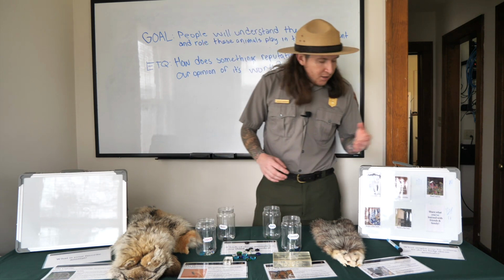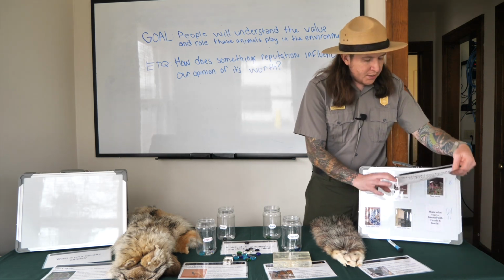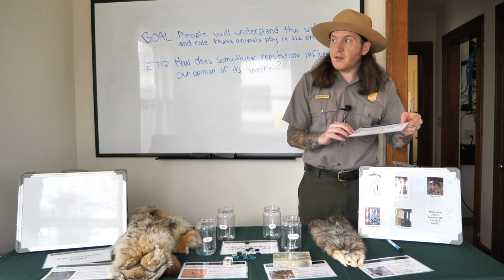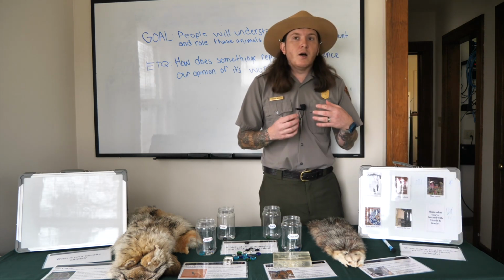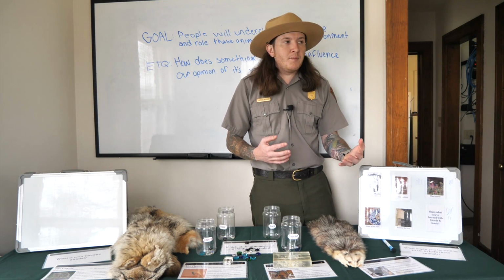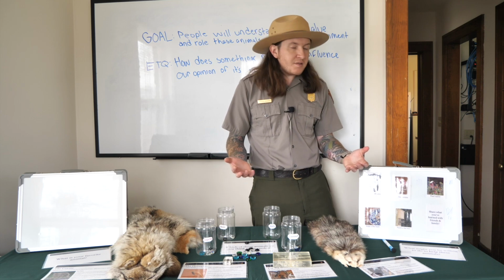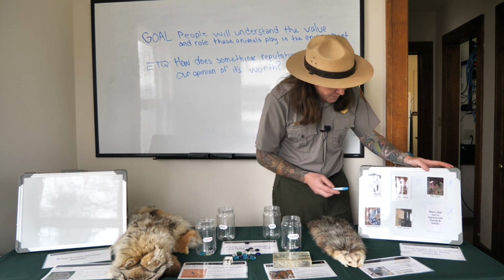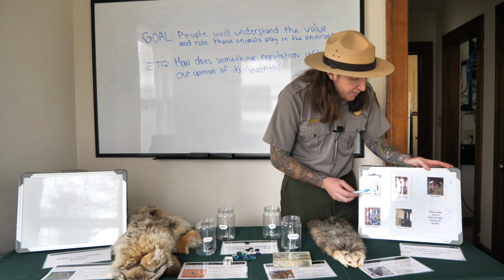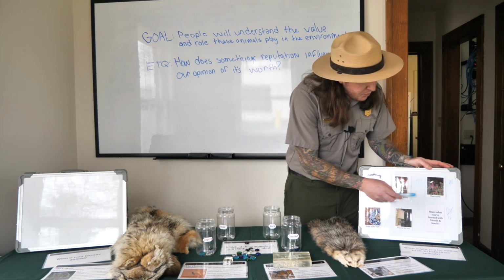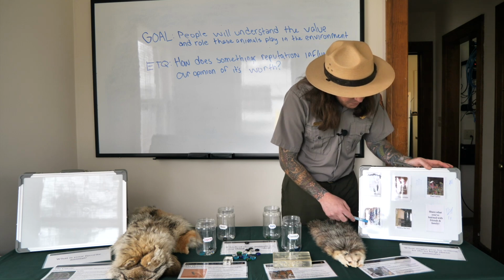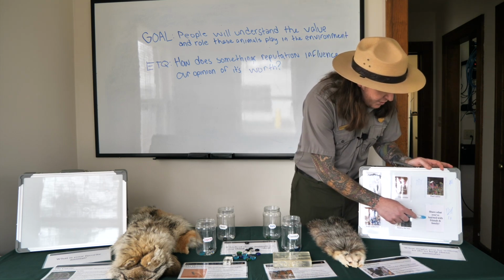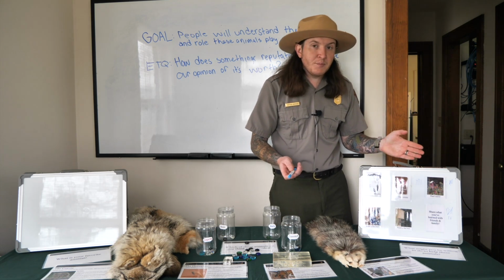And then lastly, we have a more yellow level question, and this is, what would you be willing to do to help these animals? And this is where we are hoping to provide information on how to be stewards for these animals. So a couple examples we have are secure your trash cans, don't feed the wildlife, plant native plants, make a bee bath, build a bat box, and my favorite, share what you've learned with a friend or a family member.